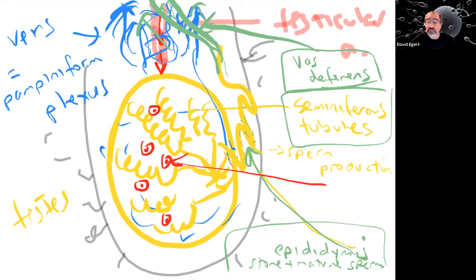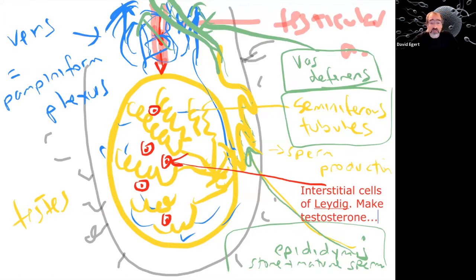Interstitial means in the spaces between. So they make testosterone.